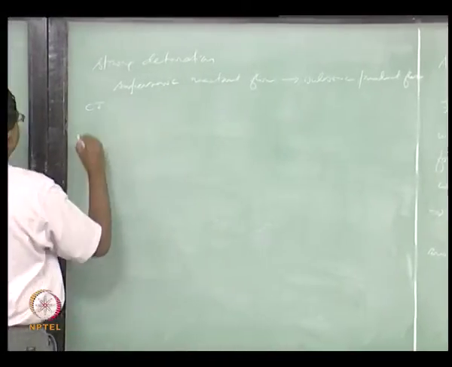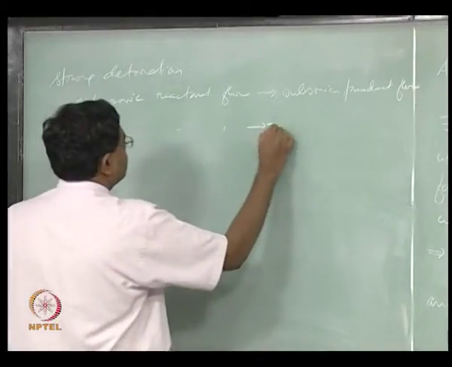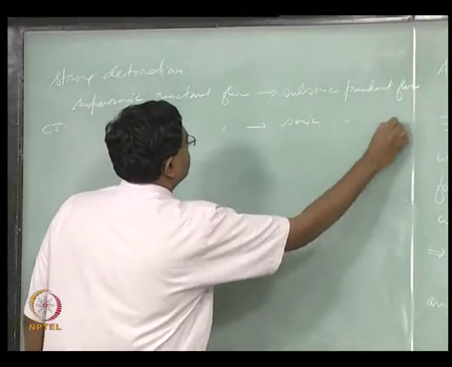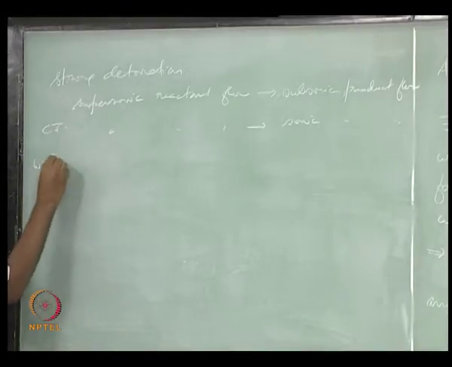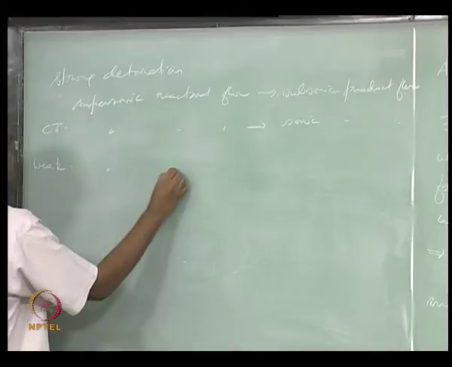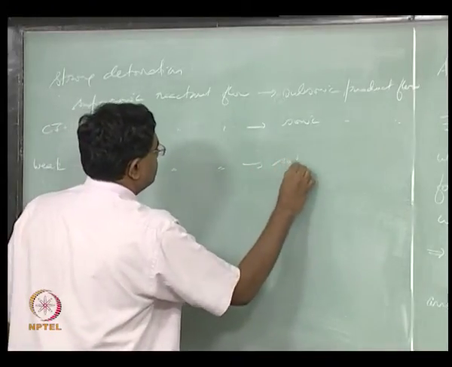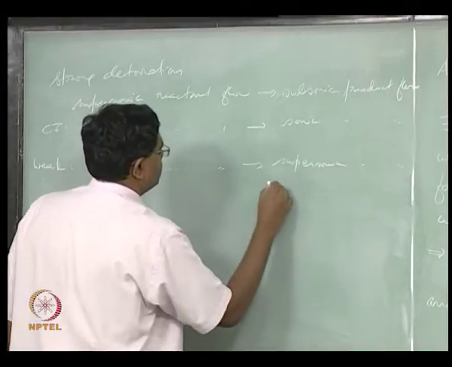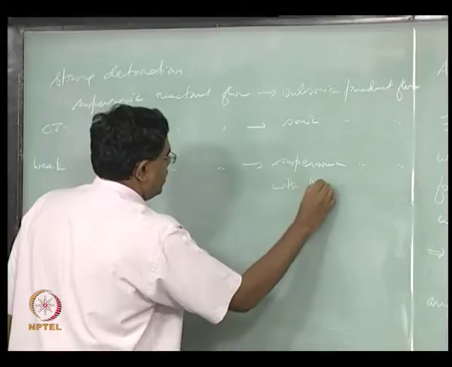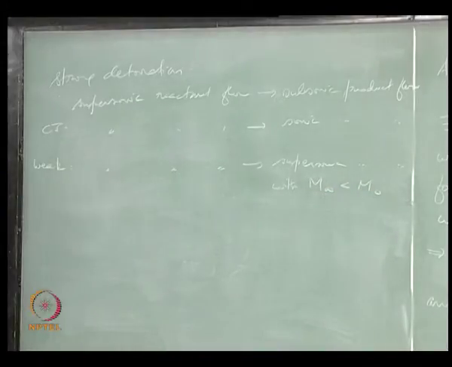Cj detonation is what we just saw, supersonic reactant flow becomes sonic product flow, and weak detonation becomes supersonic reactant flow, all right, but still supersonic product flow with m infinity less than m naught. Okay, you still have a deceleration.